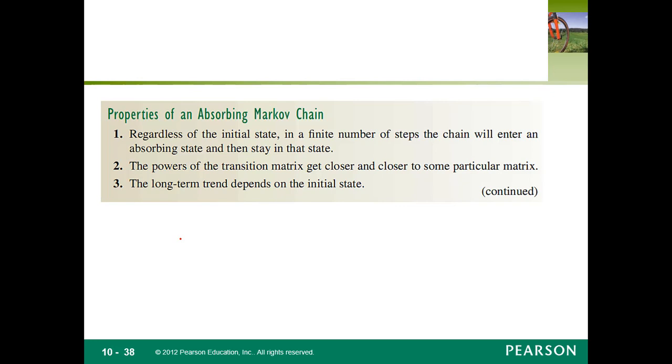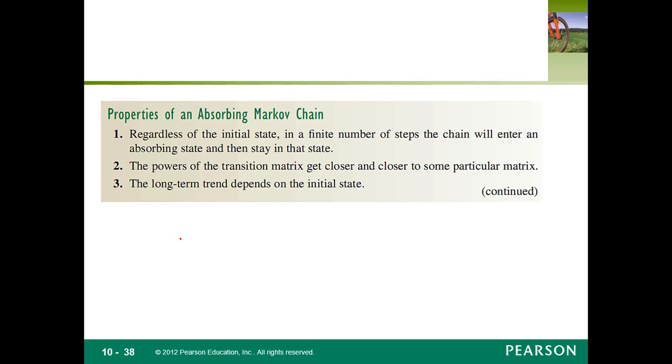1, regardless of the initial state, in a finite number of steps, the chain will enter an absorbing state and then stay there in that state. 2, the power of the transition matrix gets closer and closer to some particular matrix. Okay. And 3, the long-term trend depends on the initial state.